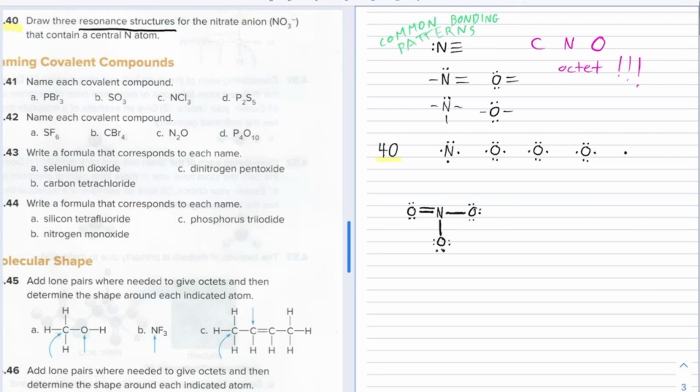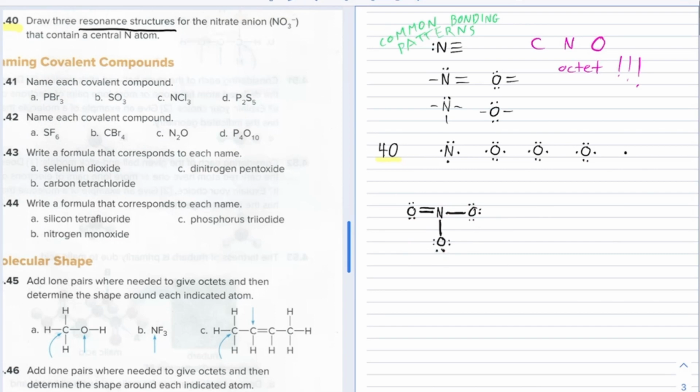Now notice that these two oxygens are also in a non-common bonding pattern. Oxygen typically forms 2 bonds, 2 singles or a double, but these only have 1 bond. Again, we had to disrupt the common bonding patterns in order to get it done. So they still have their octet.